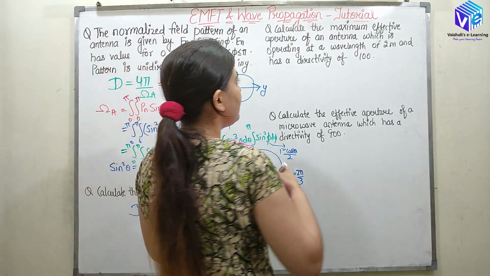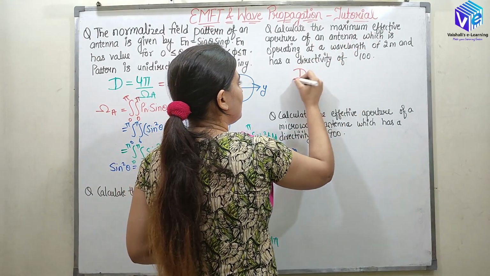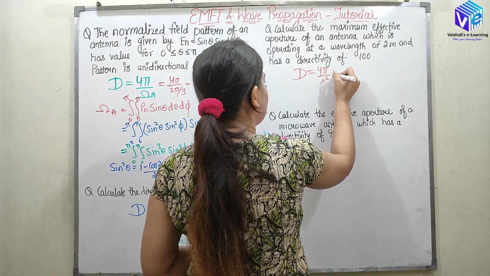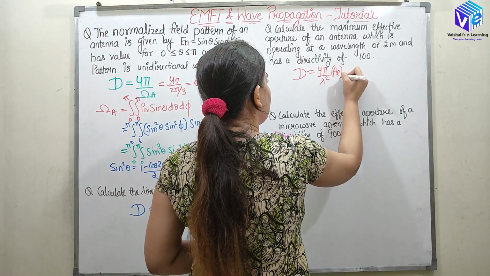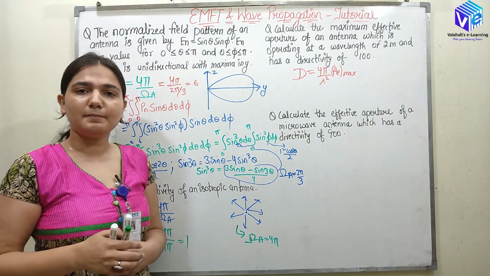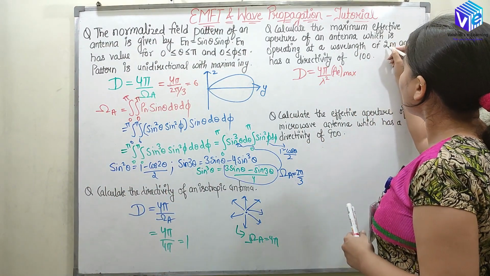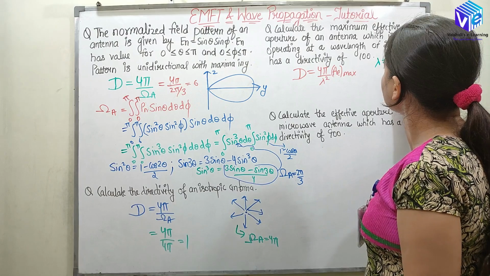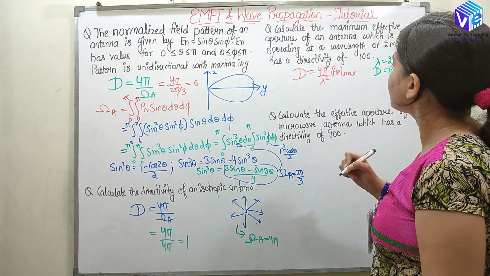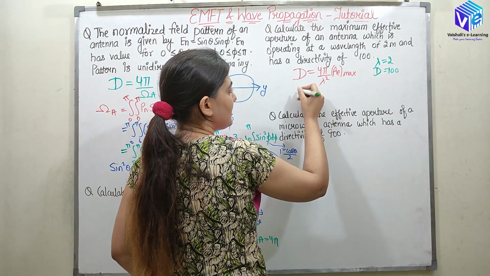Now here I need to find out the maximum effective aperture. Directivity is related to the aperture as 4 pi upon lambda square into aperture maximum. This is the relationship between the directivity and the aperture. Here I know the wavelength, lambda is equal to 2, and directivity is 100. So we'll just put the values of lambda and D in this question.